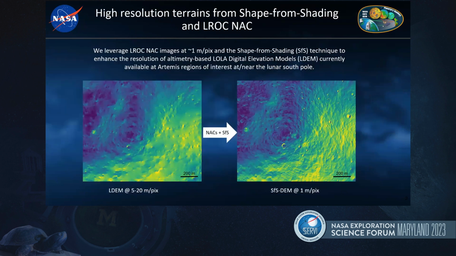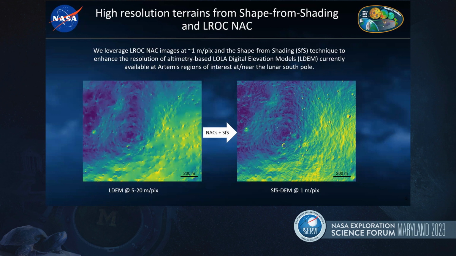So in our work, we are using a technique called shape-from-shading, along with images collected by the Narrow Angle Camera on board the Lunar Reconnaissance Orbiter, LRO, to enhance the resolution of altimetry-based digital elevation models, LDEMs.